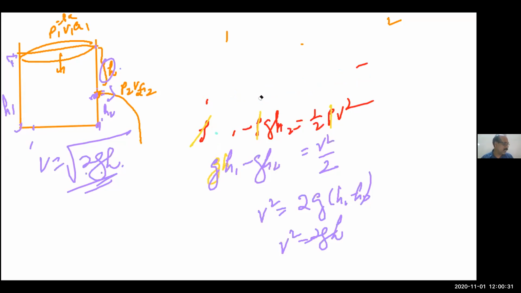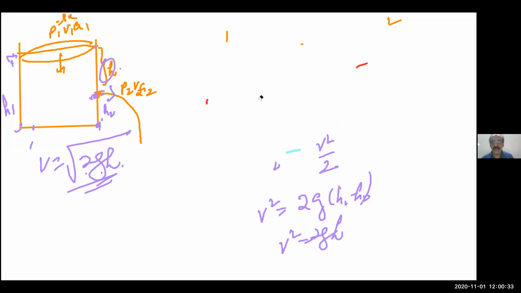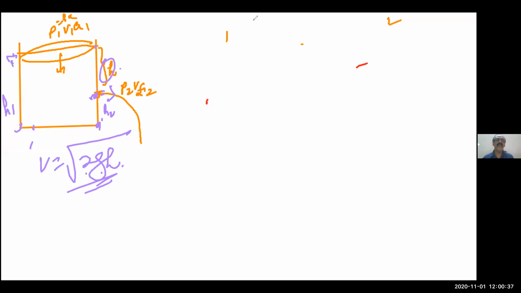Now, there is one theorem called Torricelli's theorem. It's very interesting. Look here. From the same height, I'm dropping a stone. When it reaches this height, what will be its velocity? Here the height is h, so the potential energy is mgh.